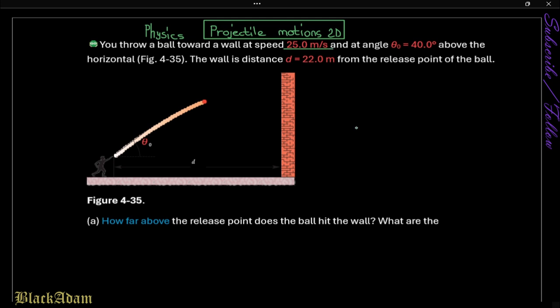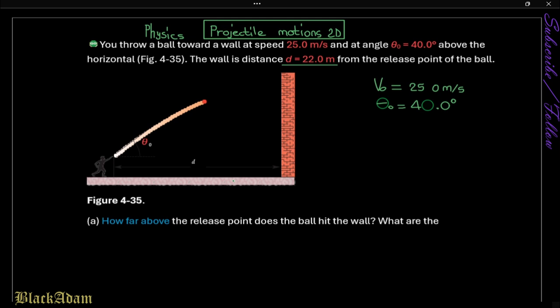We need to have all the details analyzed, so we list our known quantities. The initial speed is 25 meters per second. The initial angle, the angle at which we throw the ball, is 40 degrees.